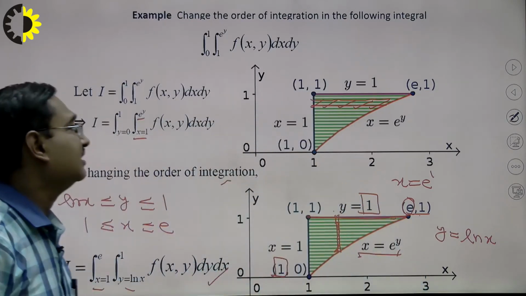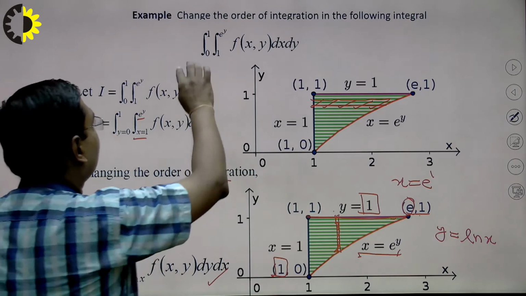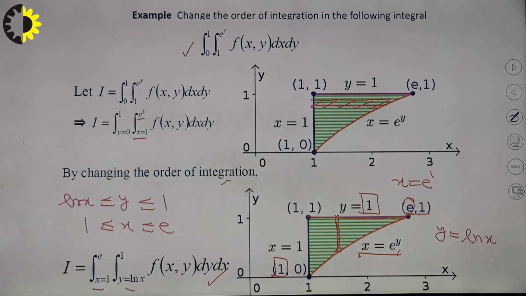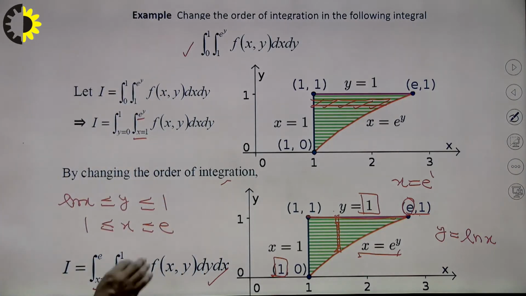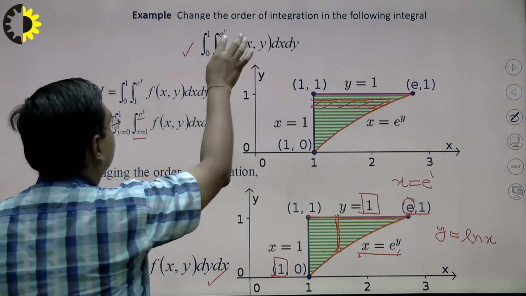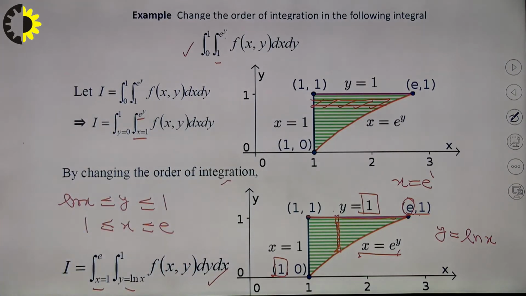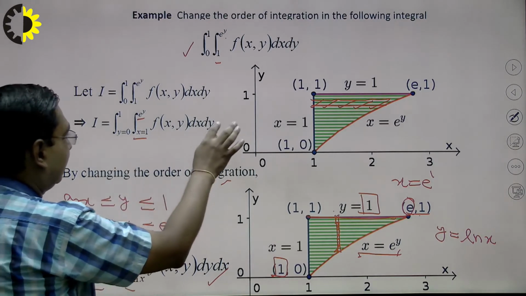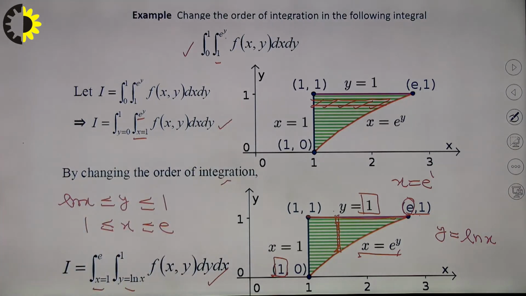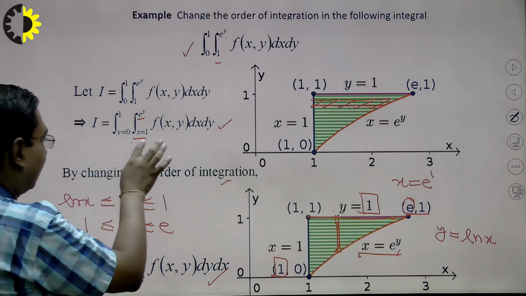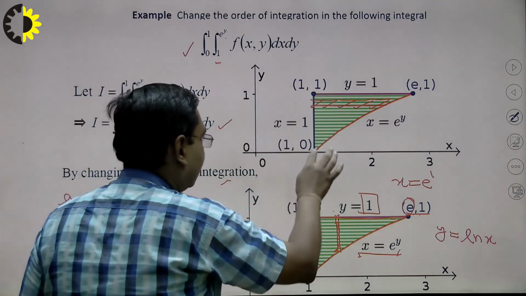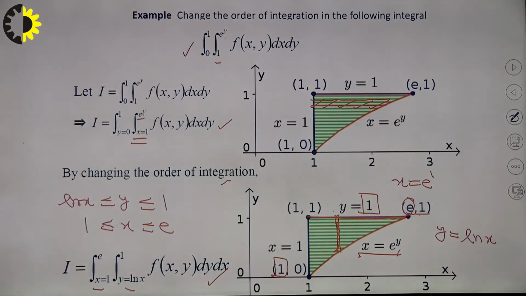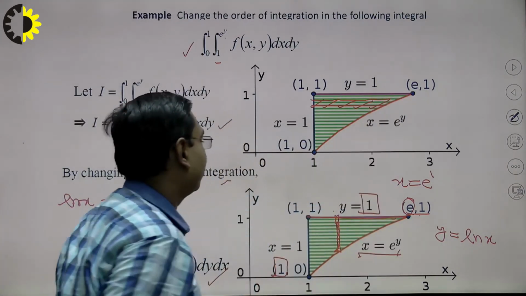Let me sum up once again. This double integral was given. We were looking to change the order of this double integration. First of all, I observed that the limits which are in terms of y are limits of x. So, this integral was written like this. Then I started with limits occurring inside. x equal to 1 was this line, x equal to e raised to the power y was this curve.